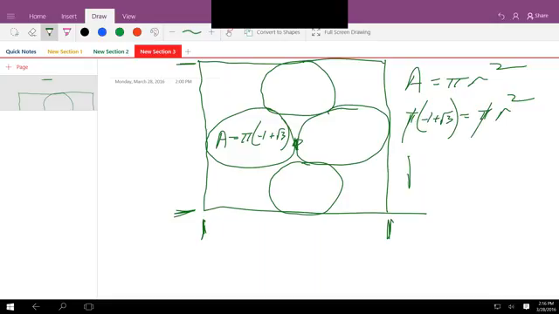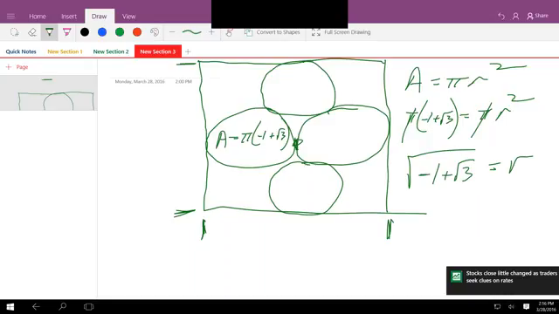Or if I want to stay exact, I'm going to take the square root of that. That way I don't have to round it off. But we can see that that's a positive number. In other words, minus 1 plus square root of 3 is a positive number. So we're taking the square root of a positive number.